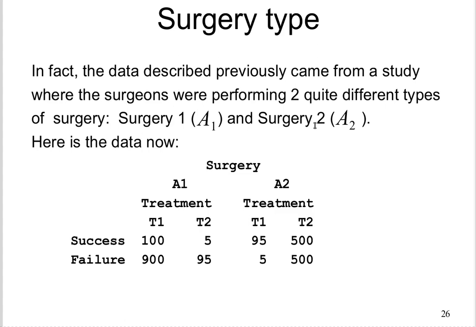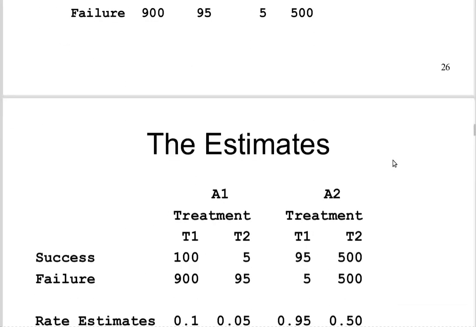Now let's suppose the data from this study looks like this, shown in this display. We have 2 2x2 tables. We have the 2x2 table for surgery group A1 and the 2x2 table for surgery group A2. And you can see right away, well, they're not the same. Those tables are not the same. Okay, but how are they different? Let's see if we can get our head around this.